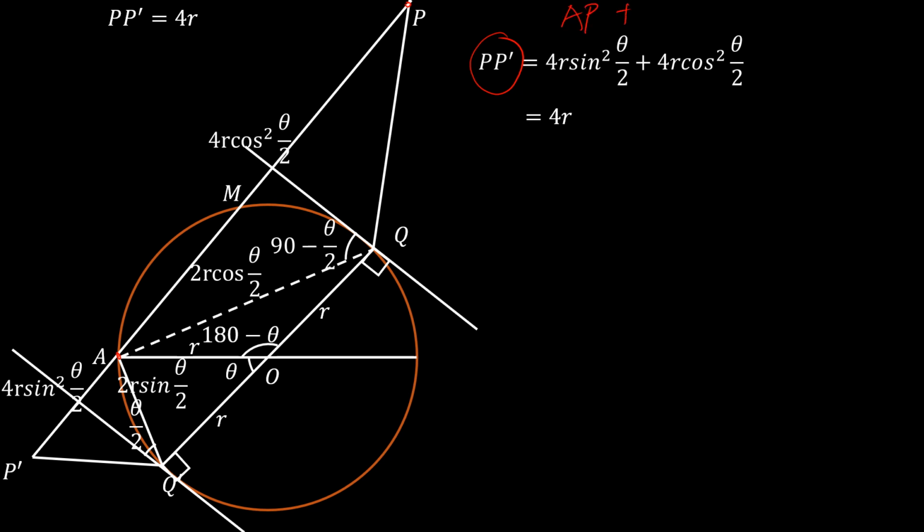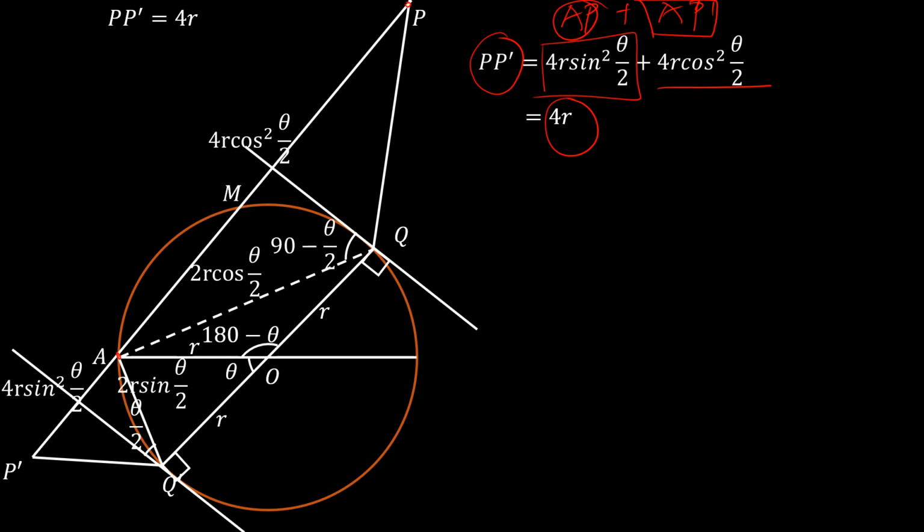plus AP prime. And AP is 4r cosine square theta, whereas AP prime is 4r sine square theta. Using the rules of trigonometry, sine square theta plus cosine square theta is equal to 1, we see that PP prime is 4r, or 4 times the radius.